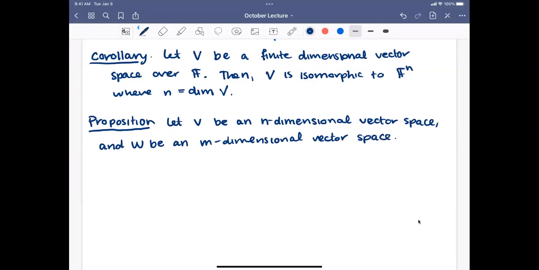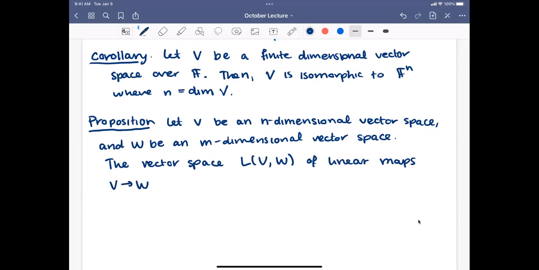And just recall for a second the vector space L(V, W). This was the space of linear maps. Do you guys remember this? We put all of the linear maps from V to W together and they form a vector space.